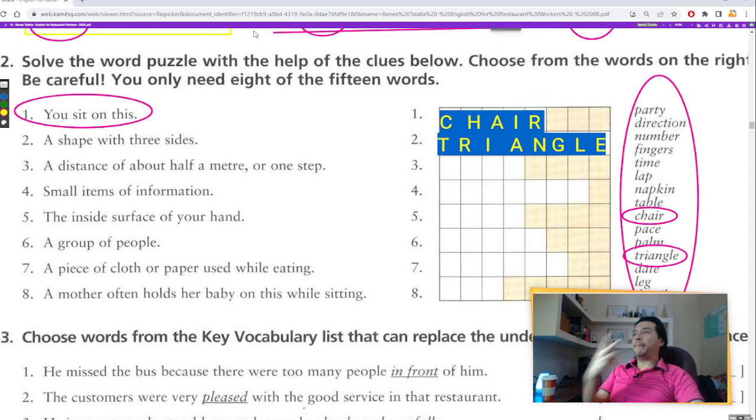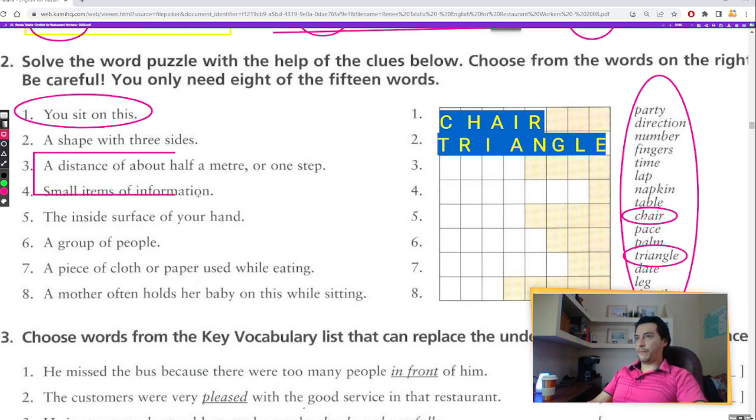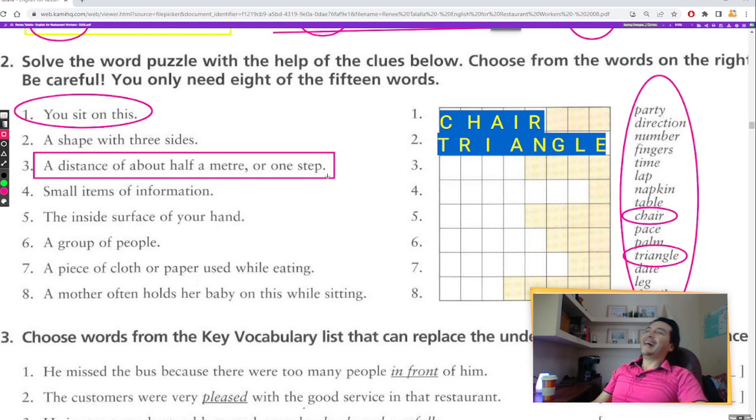Ready for number 3? A distance of about 1/2 meter or 1 step. Four letters.